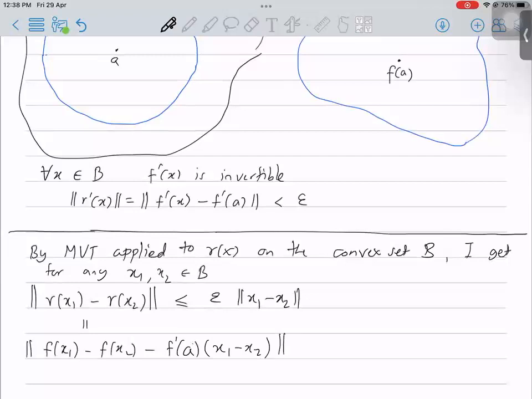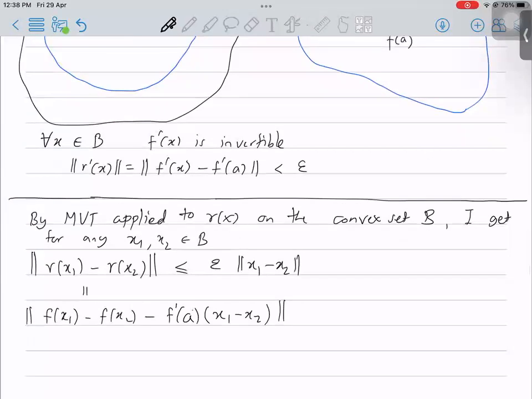Okay, excellent. Now I want to bound this, right? But recall, what can I say about the norm of p minus q by triangle inequality?